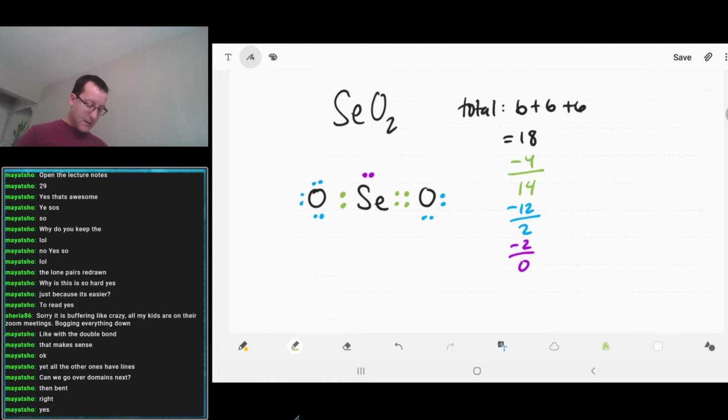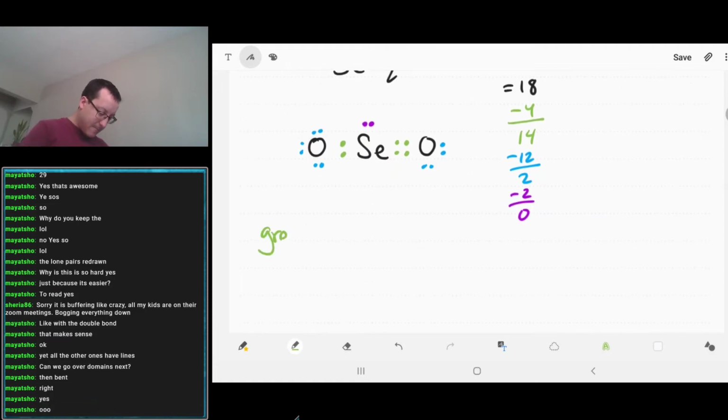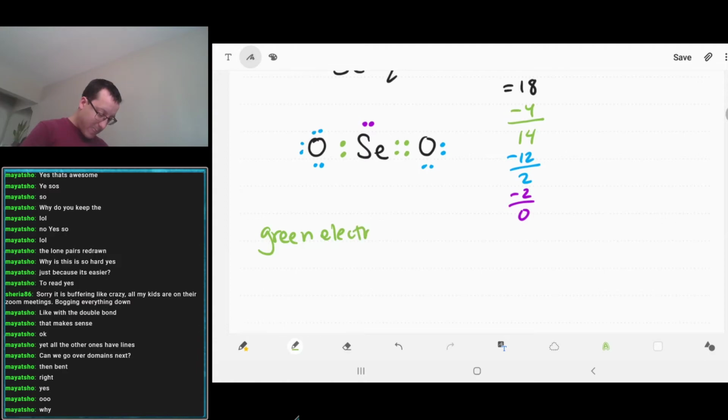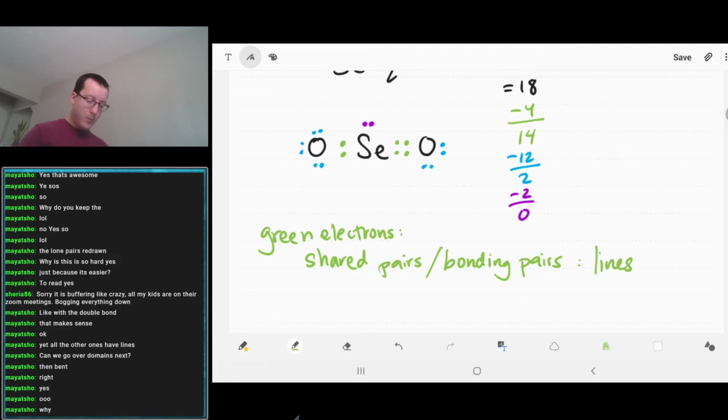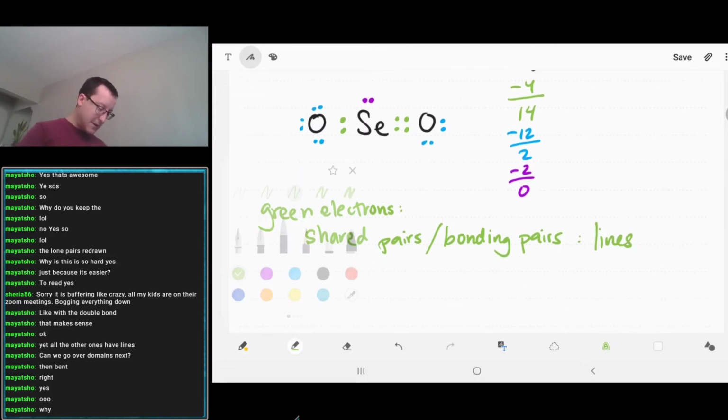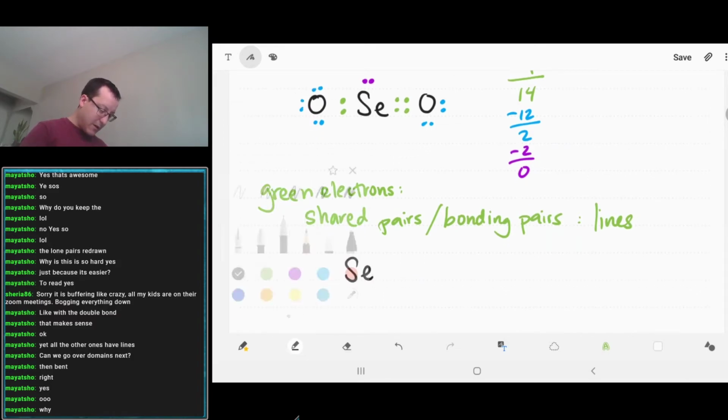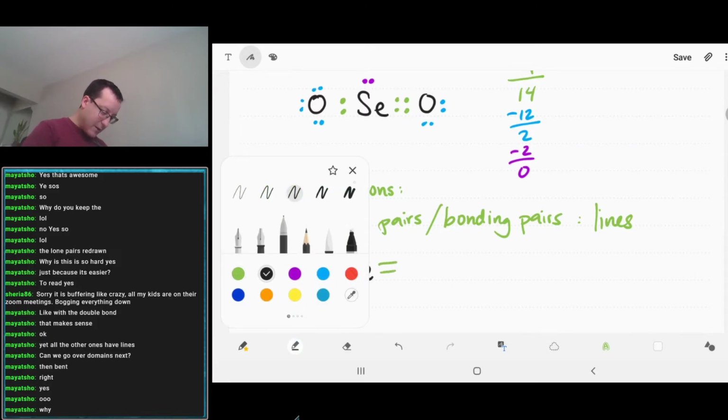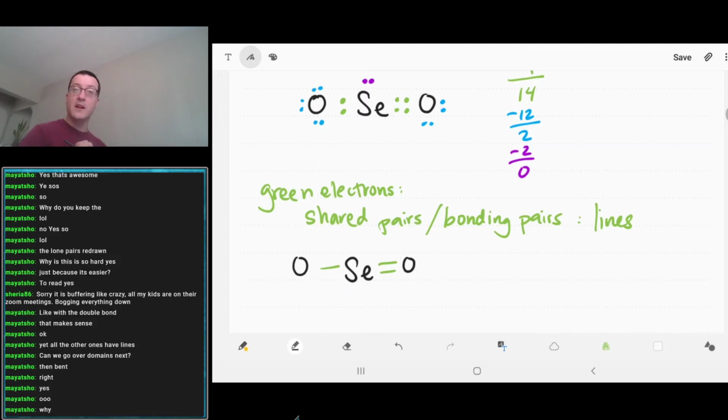We're going to see that these green electrons are shared electrons, or what are called bonding pairs. And so these ones become the lines. So when we redraw selenium dioxide, our bonds are those green electrons.